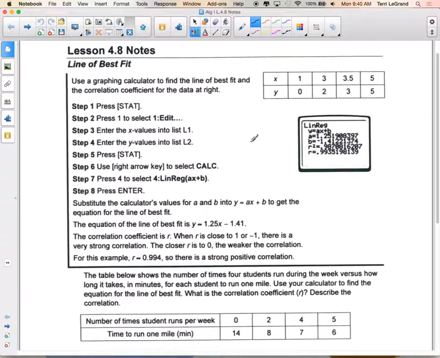It's not very strong. It's kind of halfway between -1 and 0. And again, the closer it gets to 0, let's say -0.1, now it's pretty close to 0, we would say there's probably not much of a relationship at all. Okay? And the same thing on the positive side.